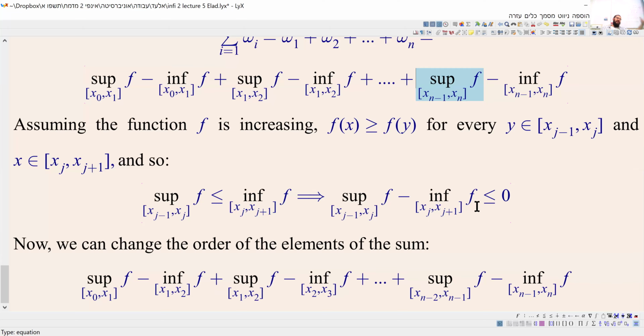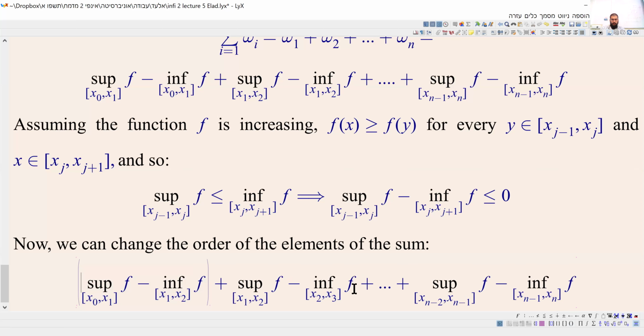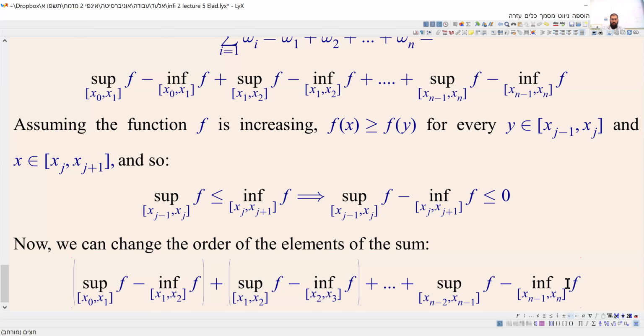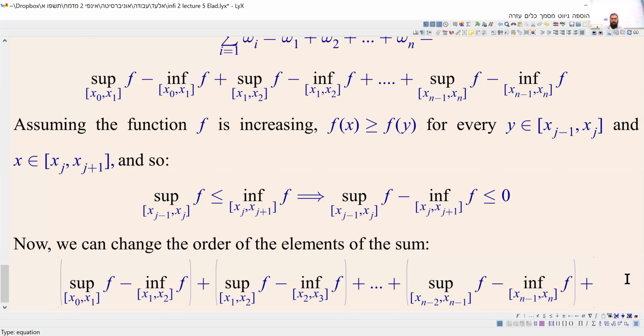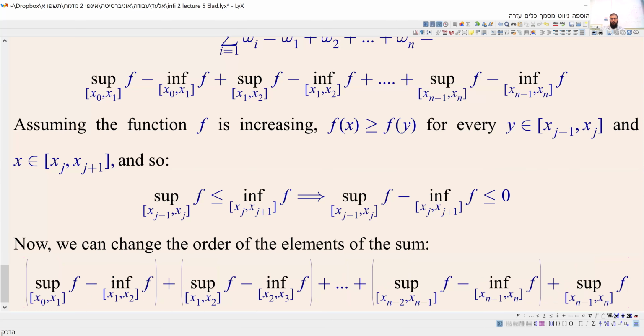It should go with the infimum of the next segment, but this is the last one. So besides these differences in our summation, we have sup of x n minus 1, x n without any partner, without friends.